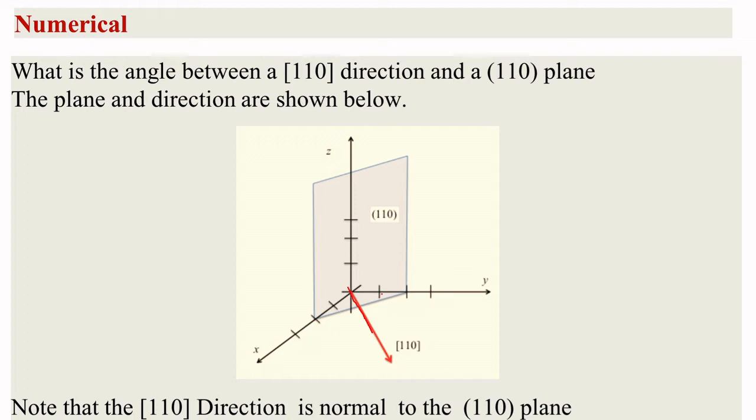So this is 1 by 2, that is 0.5 a. That means I am considering the unit distance of a. So this 1 means this will be 0.5. So 1 1. With the direction, don't think about the plane. First think only about the direction.